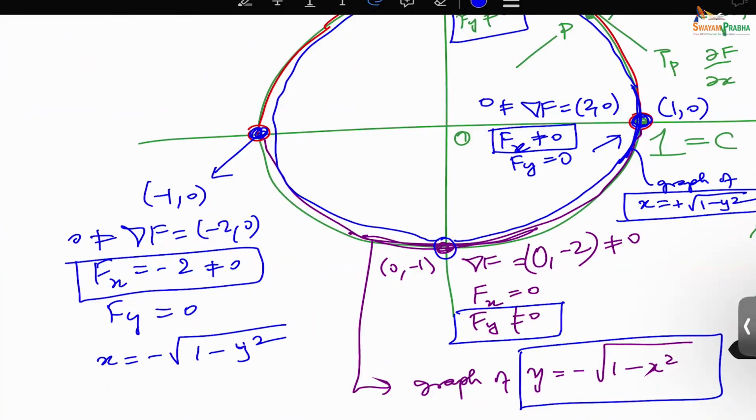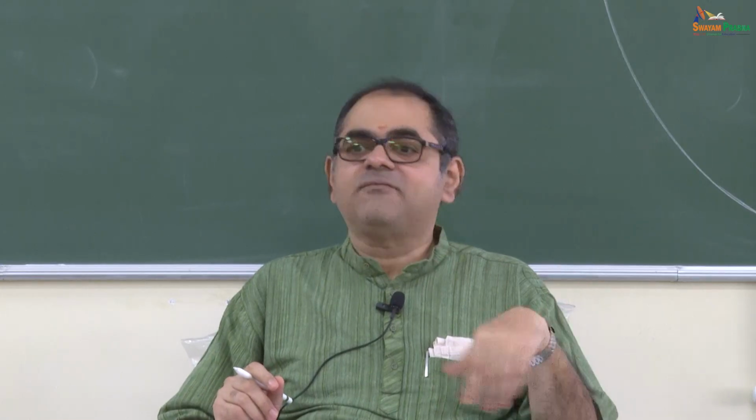So you see what is happening. The gradient never vanishes. At a point where fx is not 0, I can write x as a function of y, and the curve is actually graph of that function. At a point where fy doesn't vanish, I can write y as a function of x, and the curve is the graph of that function.